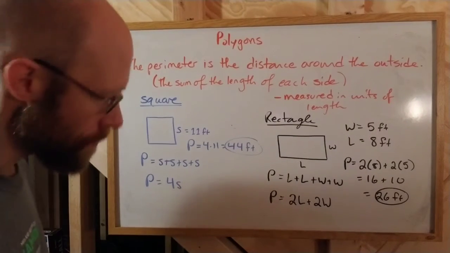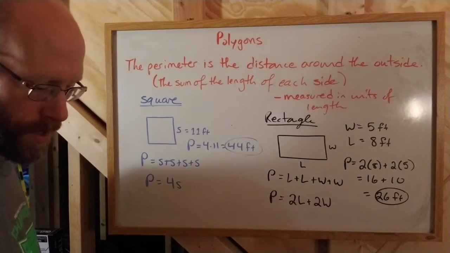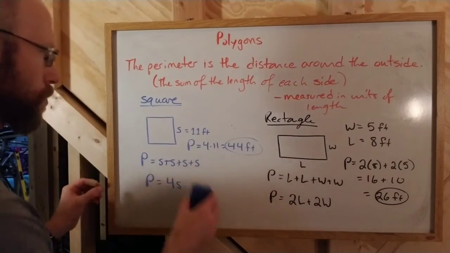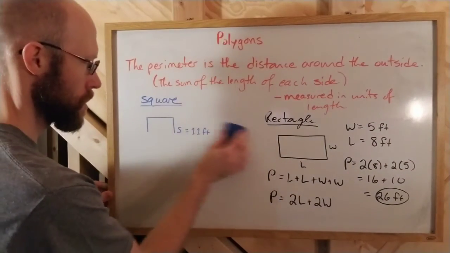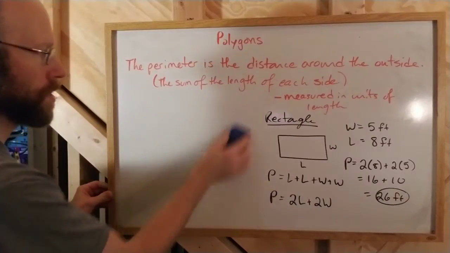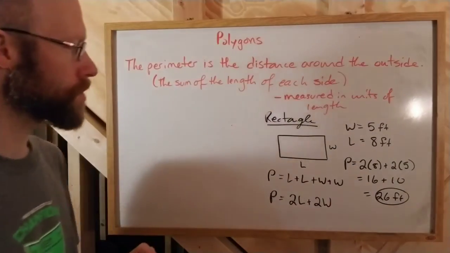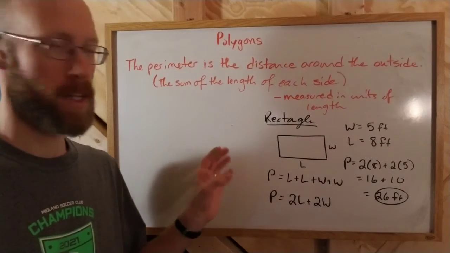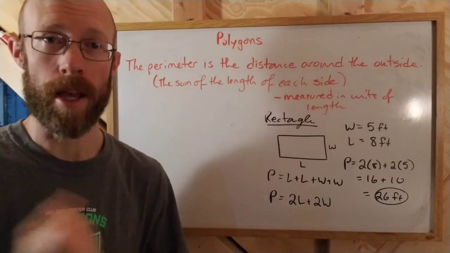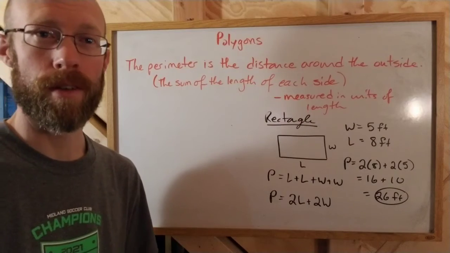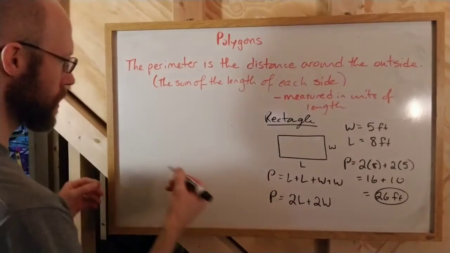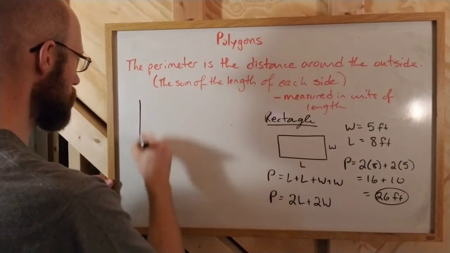And of course, we can construct other shapes or other polygons using these shapes. So we could have weird rectangular objects, where everything has 90-degree angles on it.